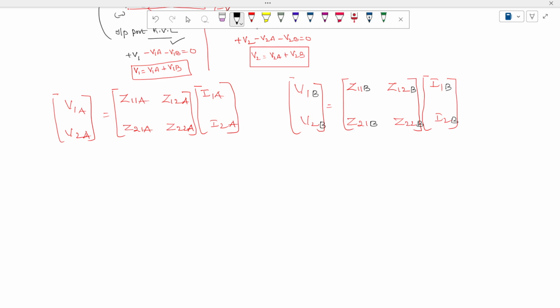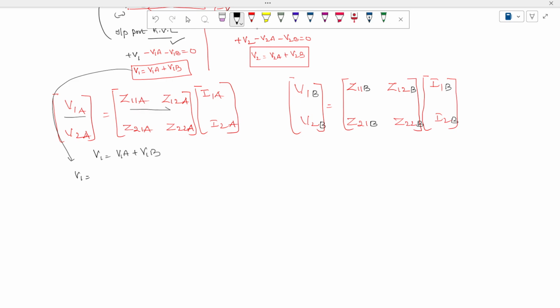So when you do like this, we have the equation V1 is equal to V1A plus V1B.